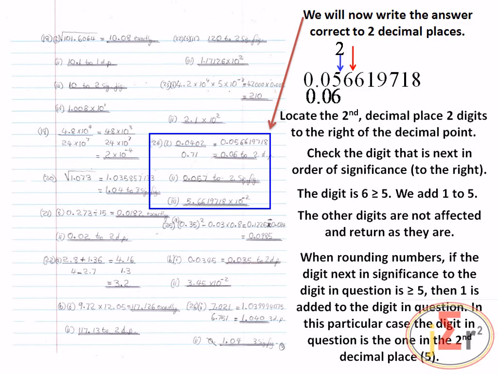In this particular case, the digit in question is the one in the second decimal place, because we are writing the number correct to 2 decimal places, and the one next in order of significance to it is greater than or equal to 5, so we add 1 to the digit in question.